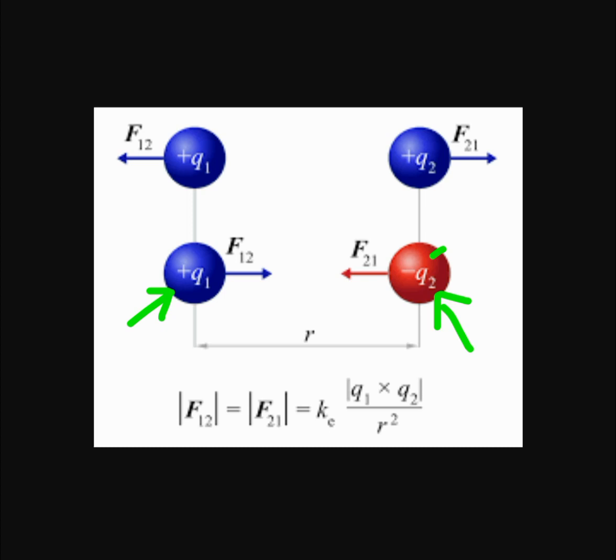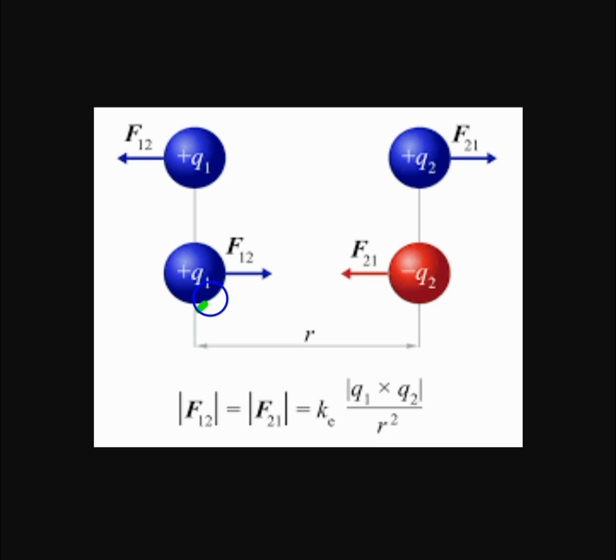So if these 2 point charges are placed close to each other and they are opposite to each other, it means this is a positive charge and this is a negative charge, then they will exert force on each other.